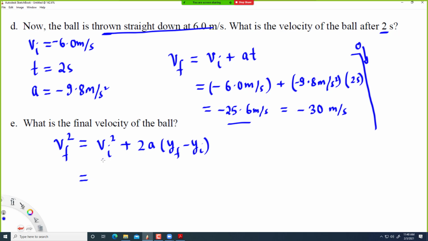So the initial velocity is negative 6, plus 2 times negative 9.8. Final position is 0, initial is 70. If we do the math, we get negative 37.5 meters per second.